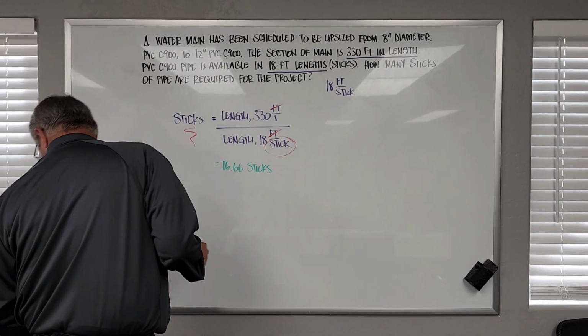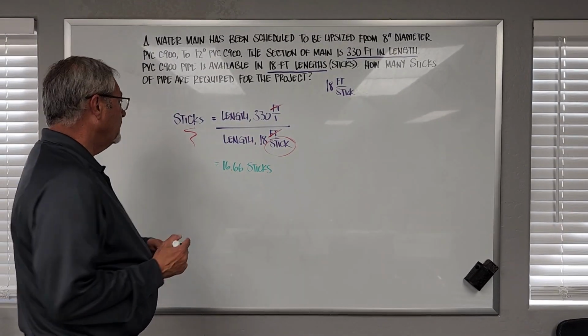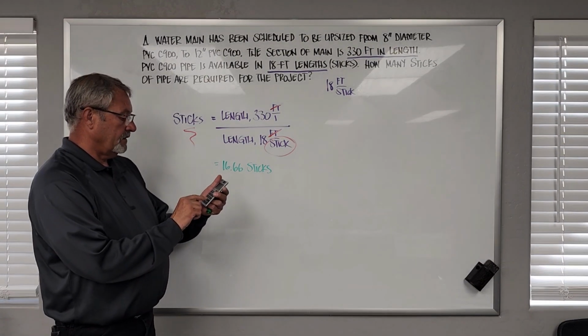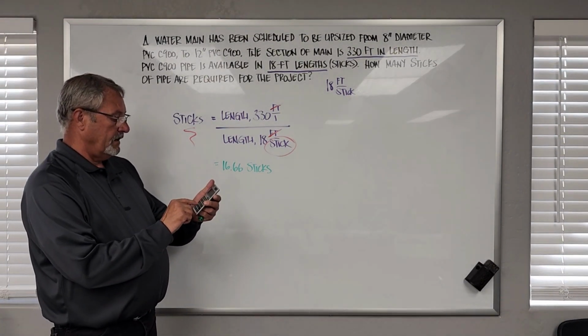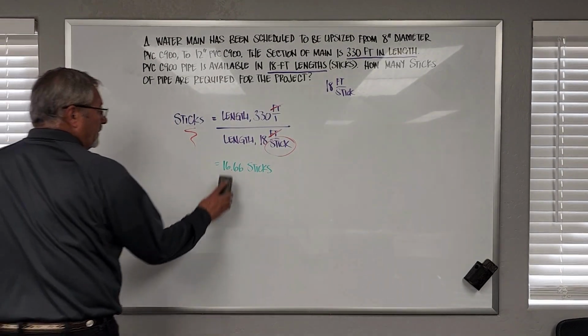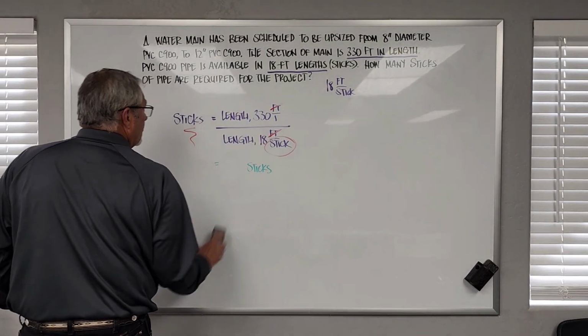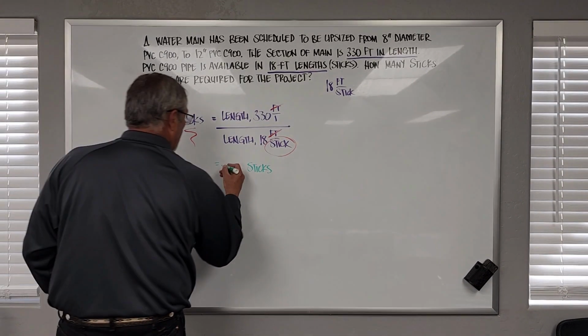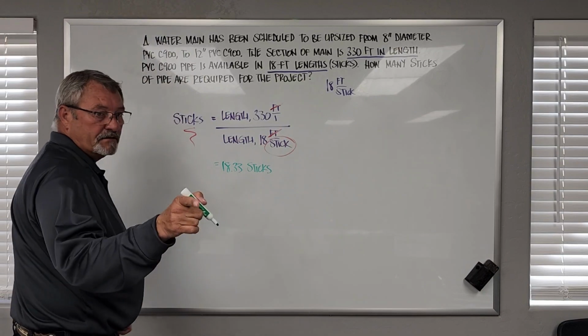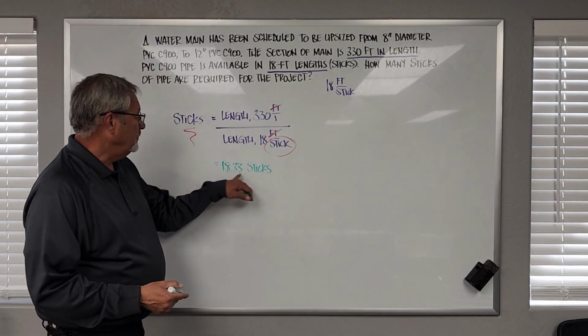Now, 330 divided by 18, did I do 300? Let's see if I made a mistake. 330 divided by 18 equals 18.33, excuse me. Yeah, thanks for catching that. 18.33 sticks.